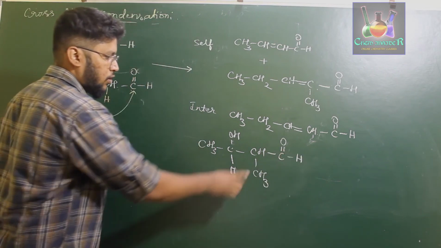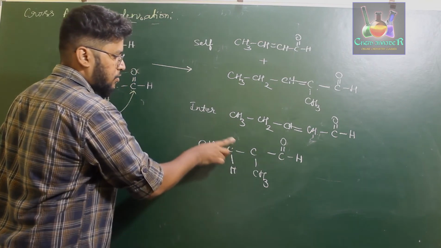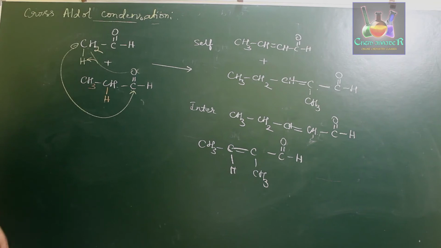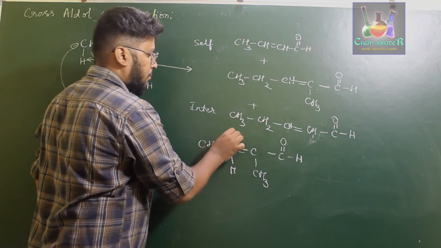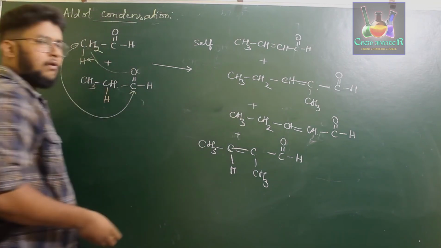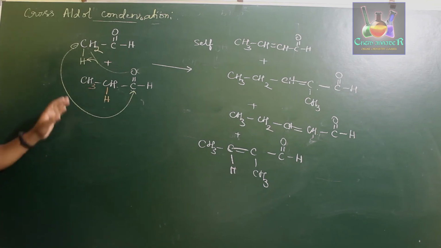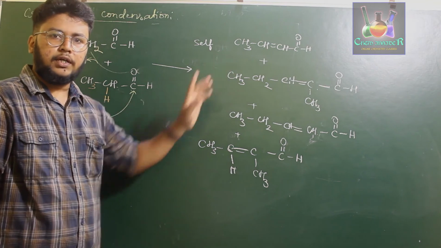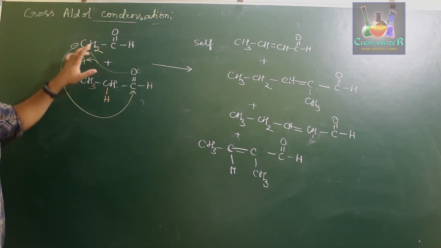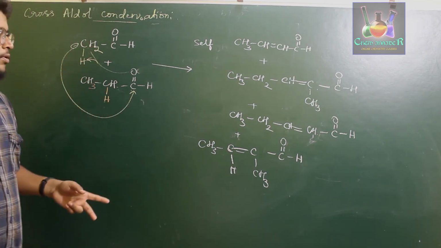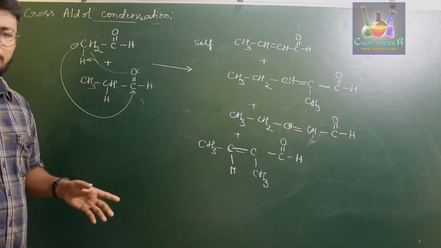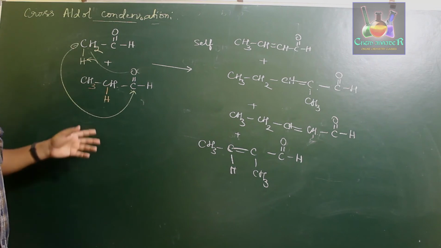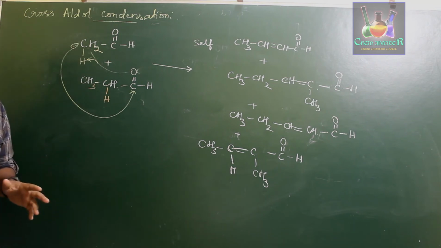So this loses a molecule of water, hydrogen and OH being lost, it forms a double bond here. So these are the four products formed because of the two different aldehyde groups which have alpha hydrogen. Two products are formed because of the intercondensation between the aldehyde groups, and two products because of the self-condensation of the aldehyde and aldehyde group respectively. Okay, so this is cross-aldol condensation.